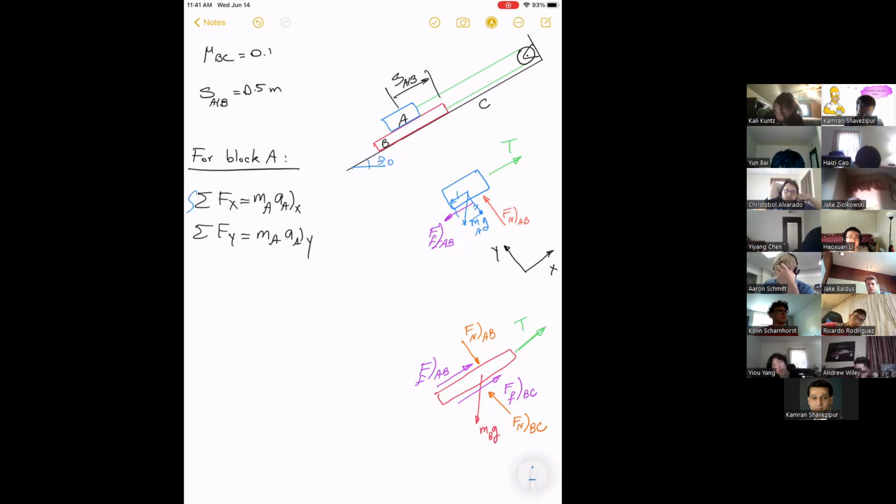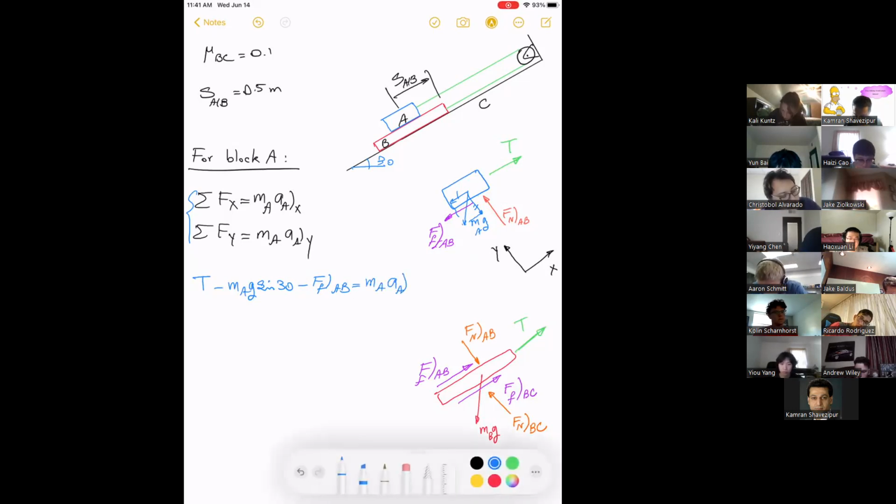So if I rewrite these equations, you're going to get P minus MAG sine 30 minus FF AB is equal to MA AA. Because it's only X direction, I'm not going to put X, just AA, right?